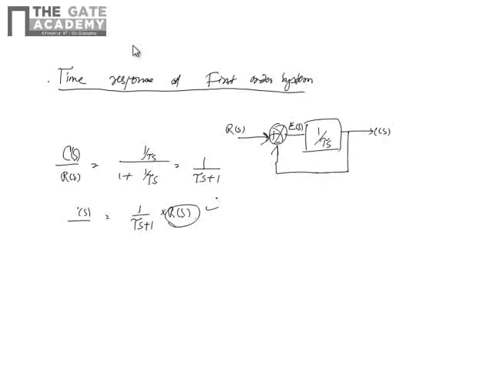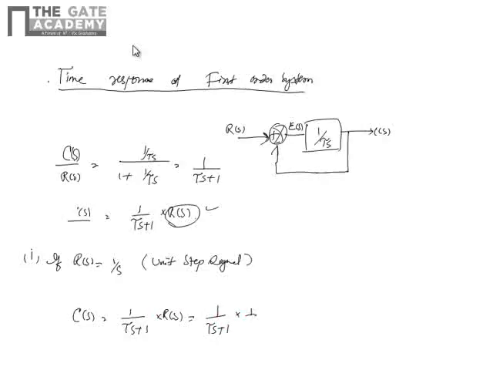First case, if R(s) equal to 1 by s, that is the unit step signal. Now C(s) equals 1 by tau s plus 1 into 1 by s.